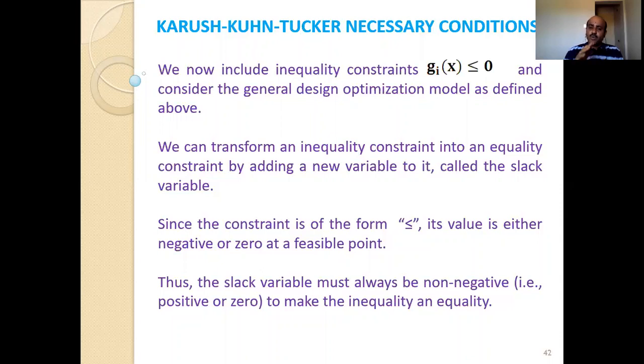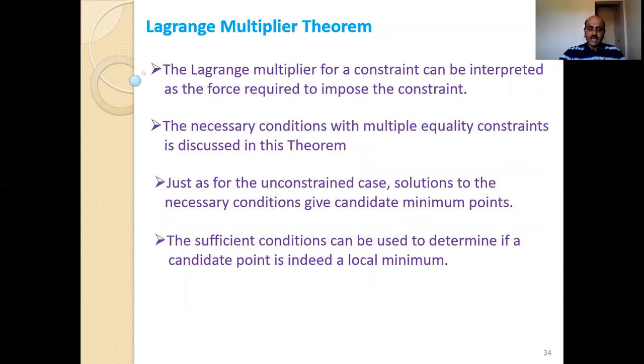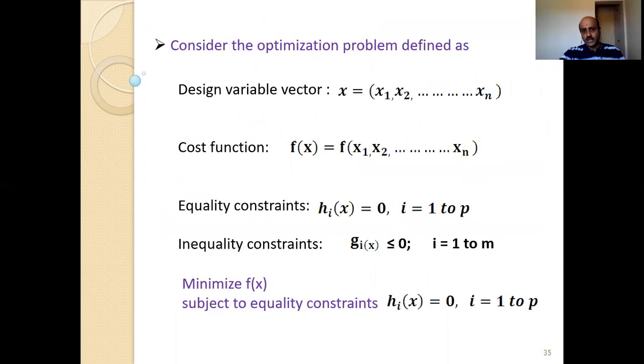Now we are going to add another constraint, which is an inequality constraint. If you want, we can go back to the statement we discussed in the previous class. Yeah, this is the one I am talking about. This is what we call a generalized optimization model.